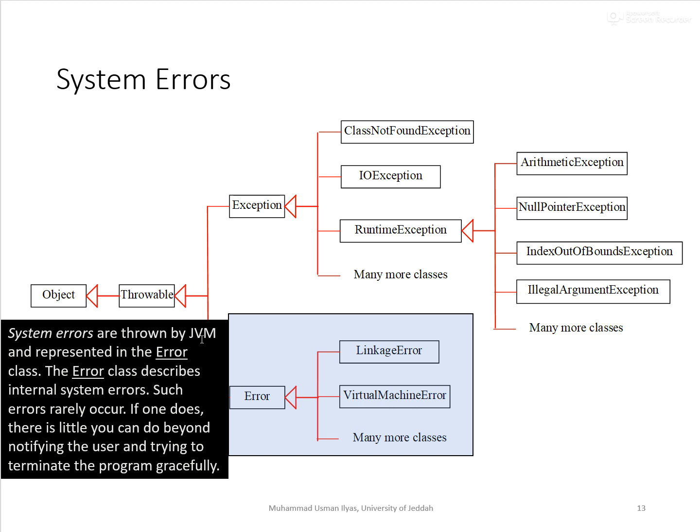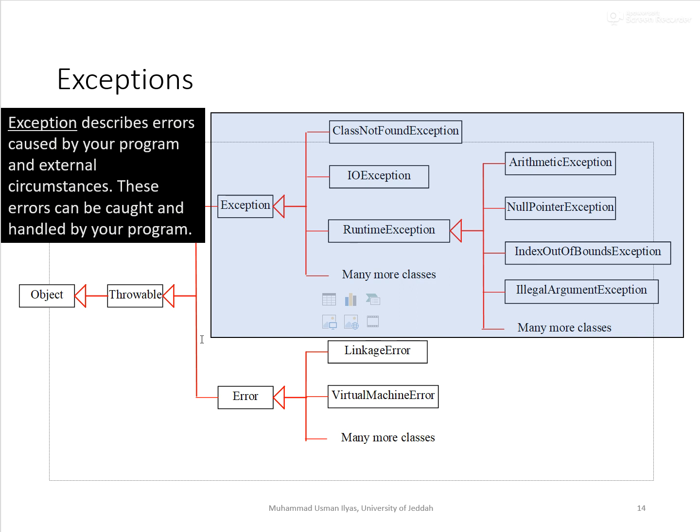If one does occur, there's usually very little, nothing you can do. What we're really more interested in are the exceptions. And exceptions are produced by the applications that we're running, that we're writing.